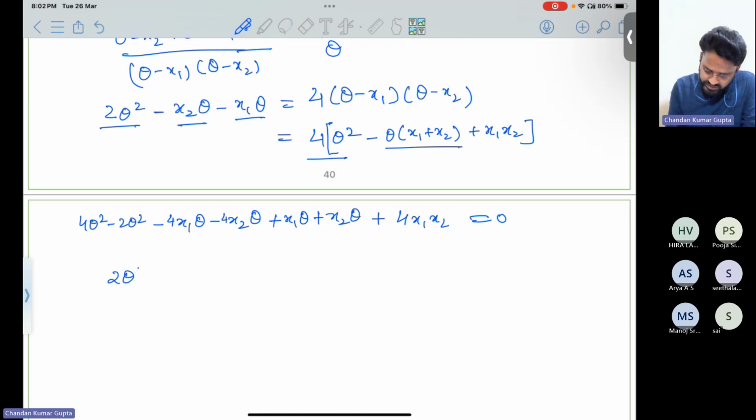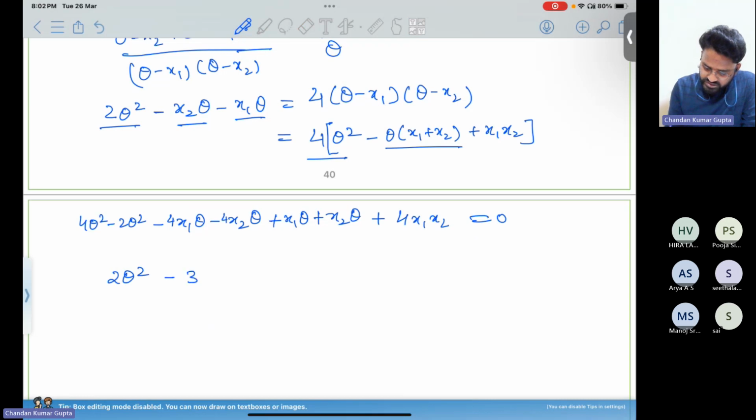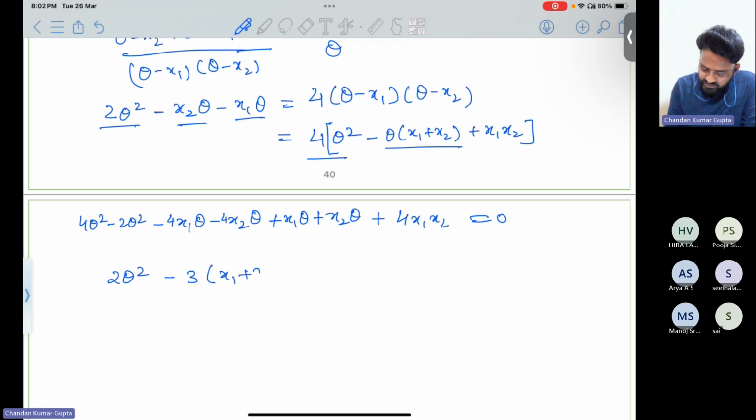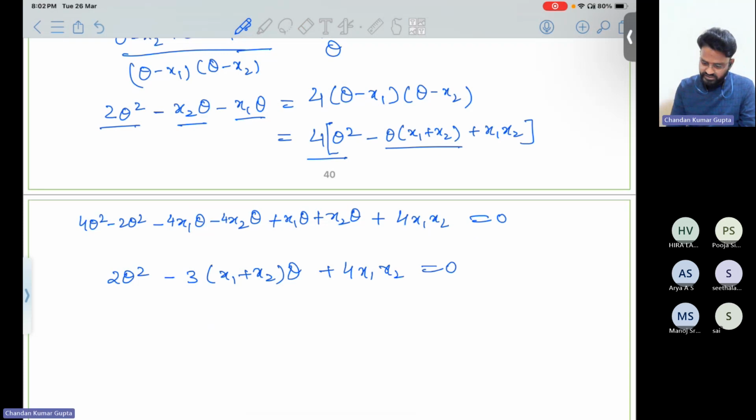So it is 2 theta square minus 3 times x1 plus x2 times theta plus 4 x1 x2 equal to 0. I think up to this point it is correct now.